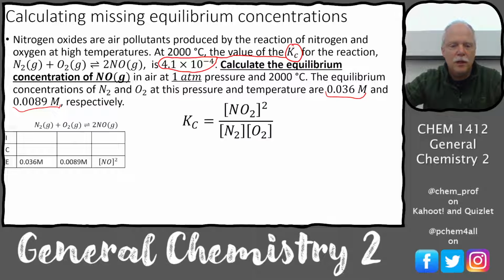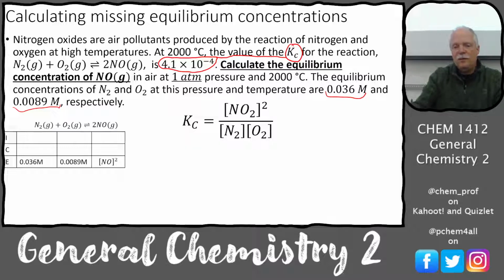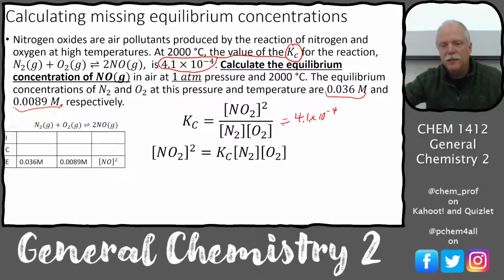Okay. So we could write this out. And we know that this number is equal to the 4.1 times 10 to the minus 4. Okay, so we're good with that. We know the denominator pieces, so we can rearrange this. Let's solve for the NO. So we move the denominators over to the other side.